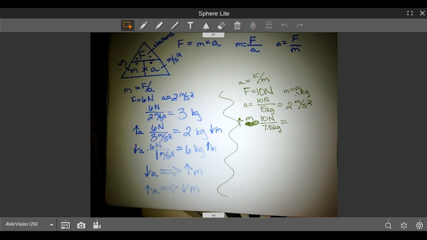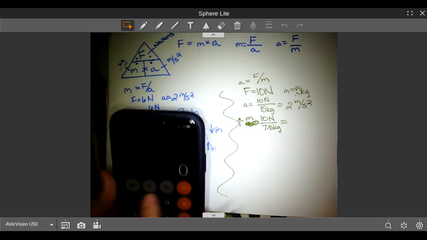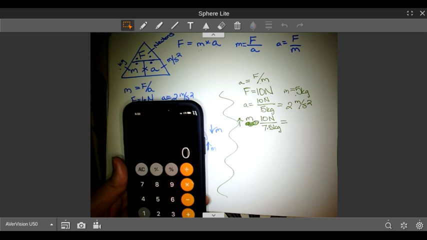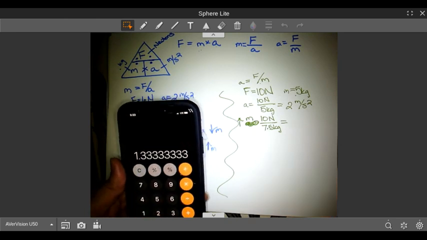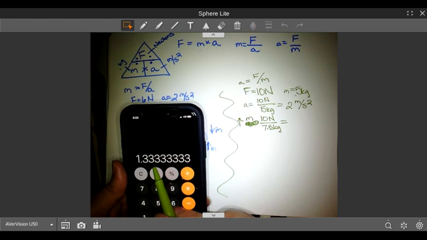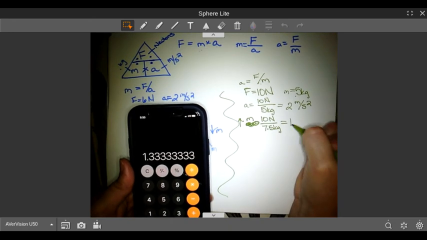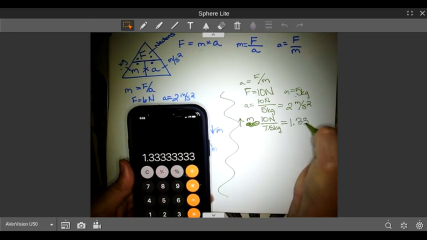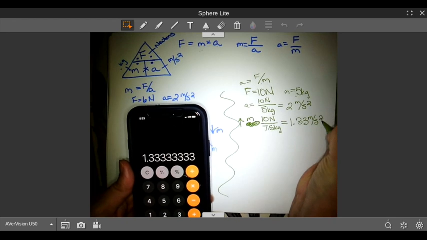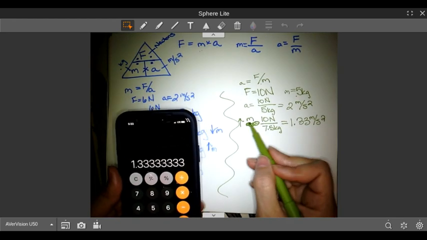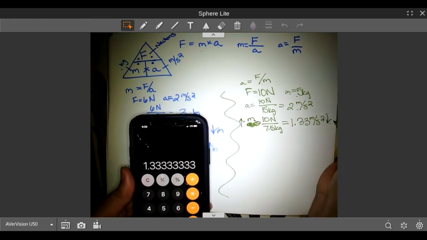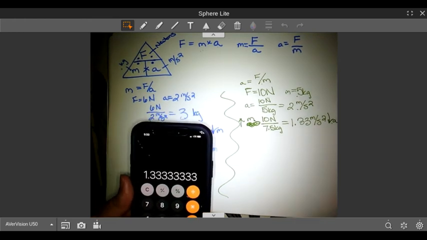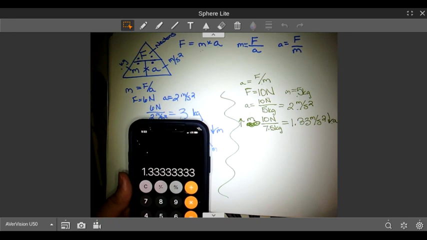So I'm going to get my calculator on my phone, and I'm going to say, okay, 10 divided by 7.5 is 1.33, and I'm always going to round to 2 decimals. So that's going to be 1.33 meters per second squared acceleration. So I increased my mass, and that caused a decrease in my acceleration. So it did the opposite.